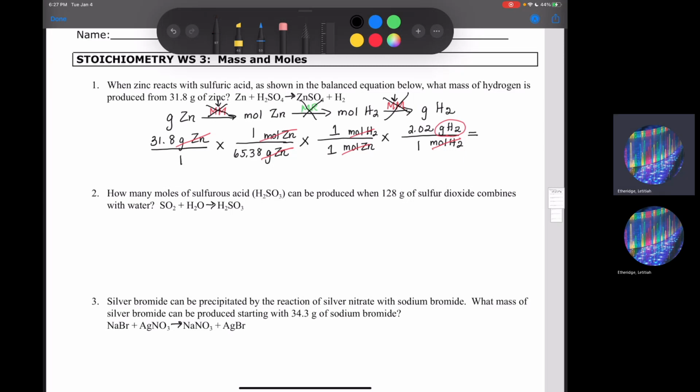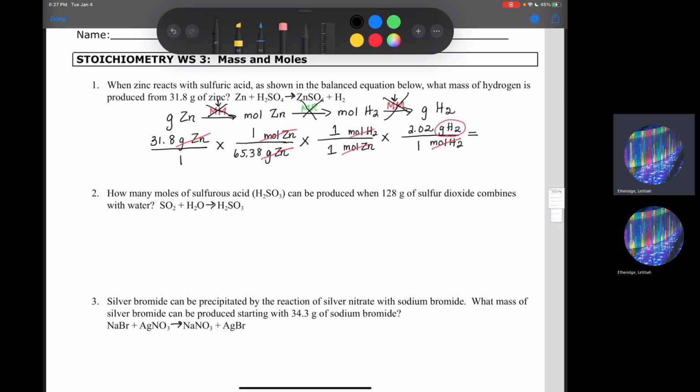All right, so I'm going to talk you through as you key it into your calculator. I'm going to take 31.8. I'm going to divide that by 65.38. I'm going to leave the ones alone because anything multiplied or divided by 1 is 1, and then I'm going to multiply it by 2.02.